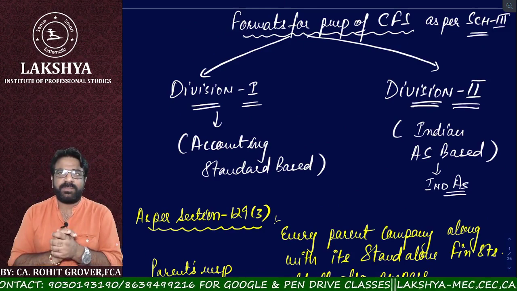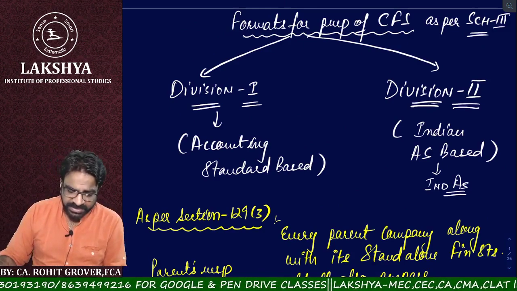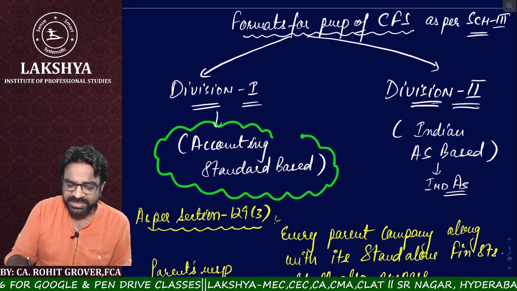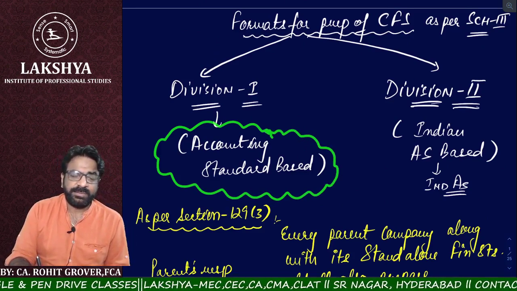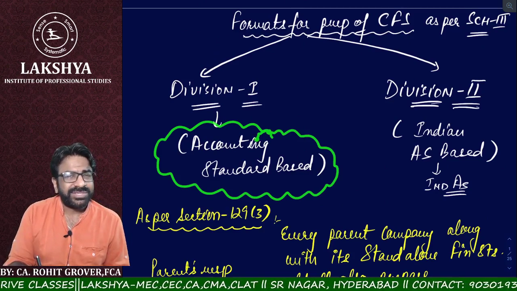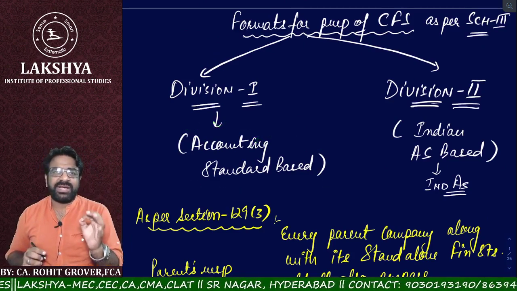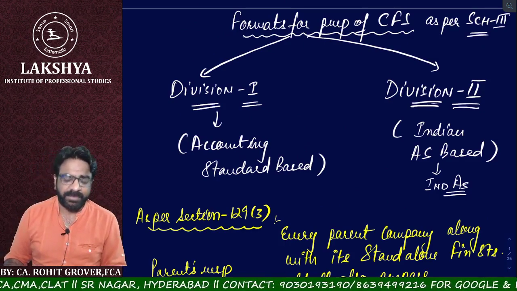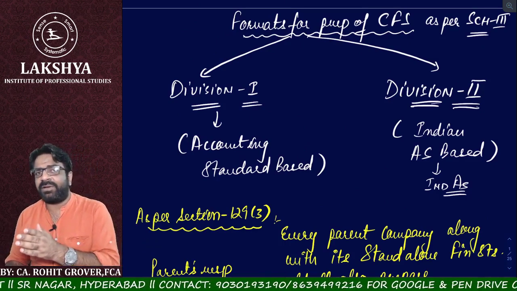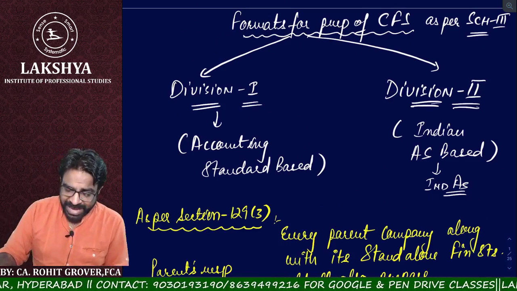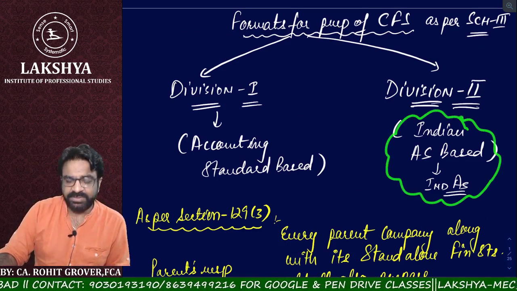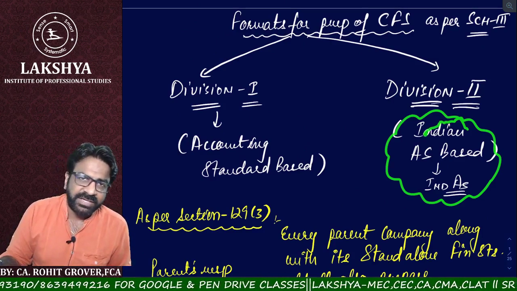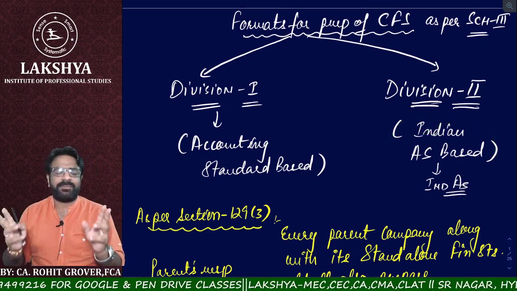One set of companies still uses accounting standard based financial statements, and another set of companies in India uses IND-AS based financial statements. So there are two sets of companies in India.